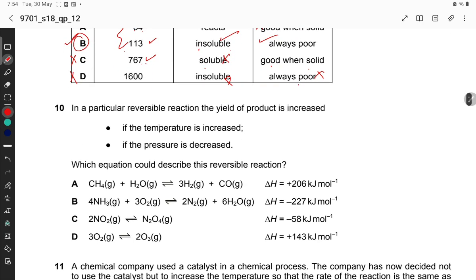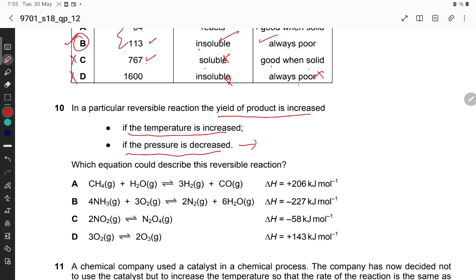Question number 10. In a particular reversible reaction, the yield of product is increased if the temperature is increased and if the pressure is decreased. Which equation could describe this reversible reaction? If pressure is decreased, the reaction will favor the side with more number of moles.